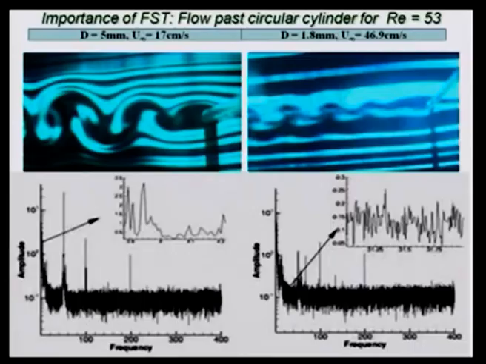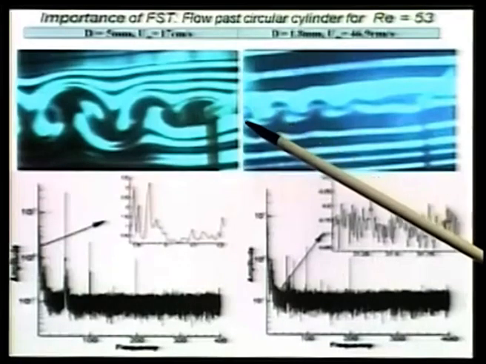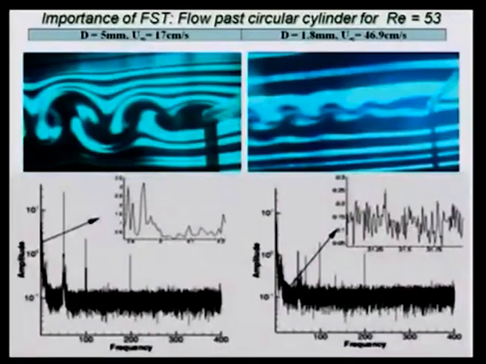What you notice, though, is that from the earlier studies you can find out the Strouhal number, the shedding frequency. You may put a probe a little far downstream, measure the signal, and you will see a characteristic frequency.